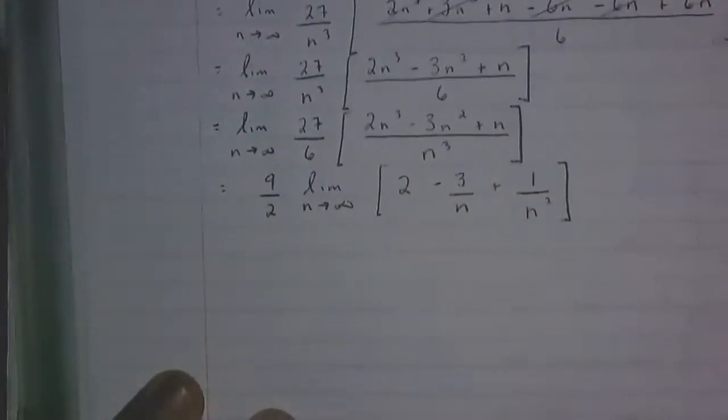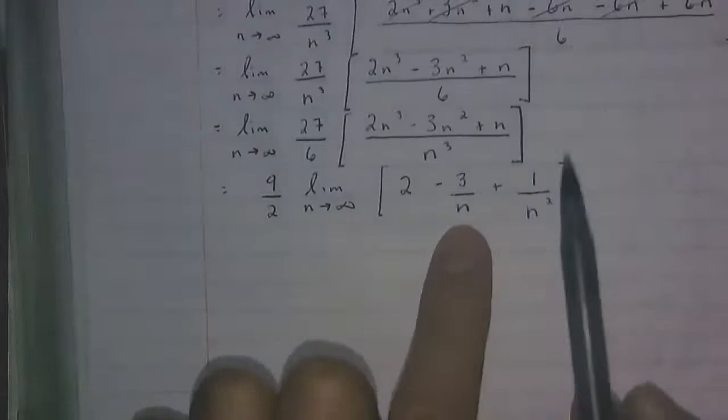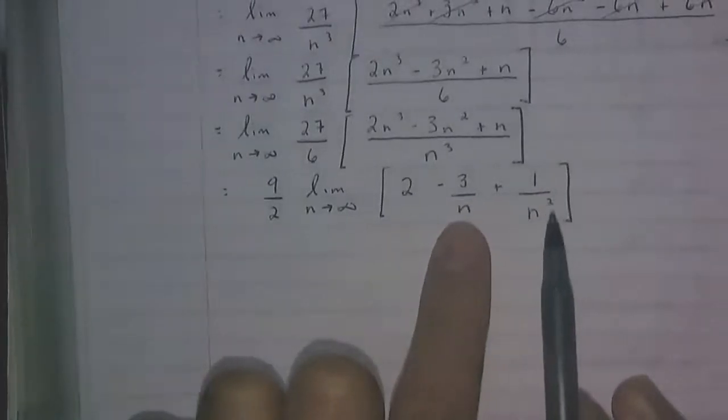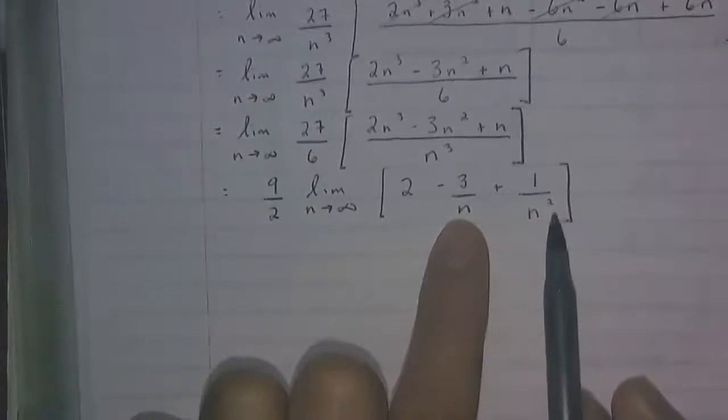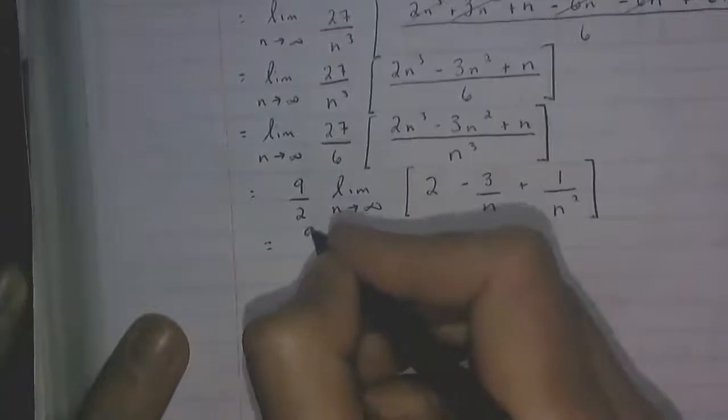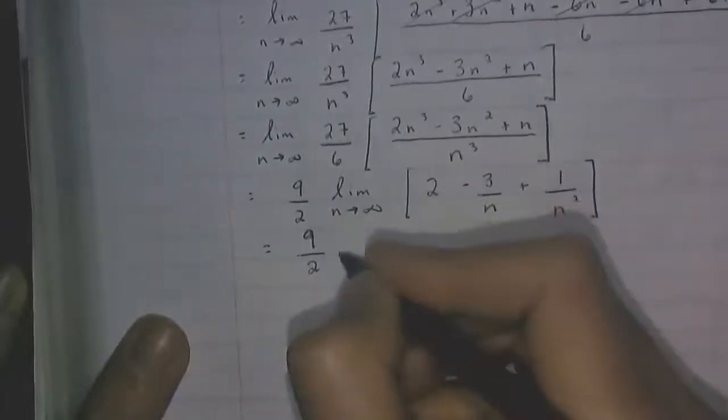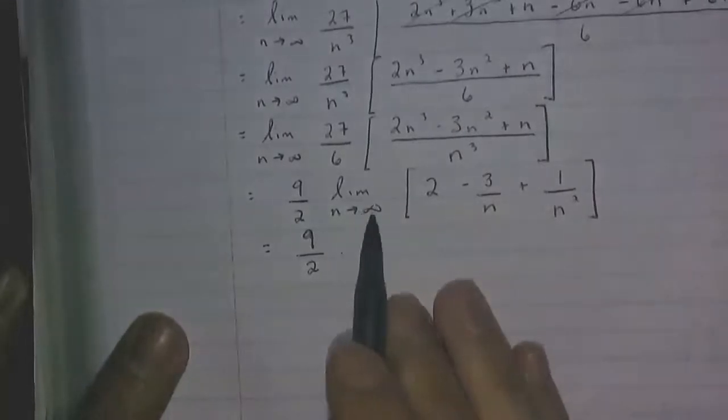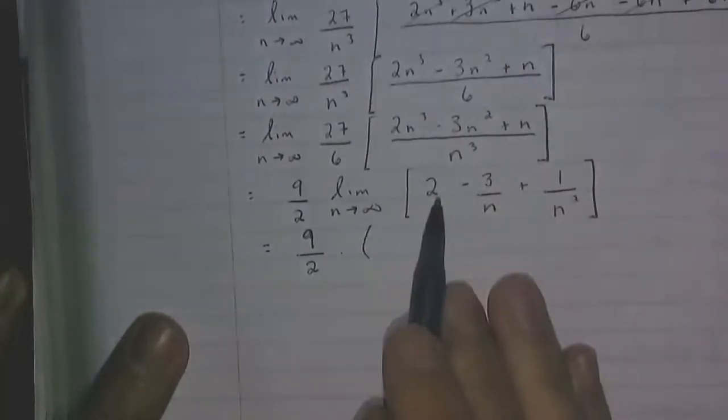Oh, this is nice. What happens to both of these things as you turn n up to infinity? It becomes 0. And so now we finally apply this limit. And what we find is that we get, let's do it big, 9/2 times the limit as n goes to infinity of 2 is just 2.